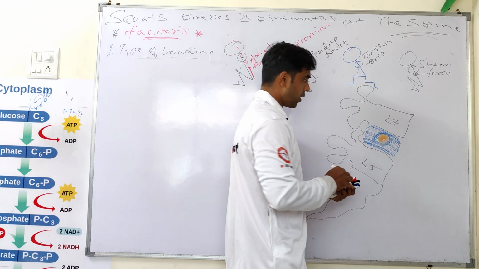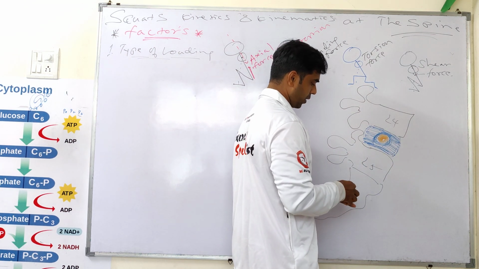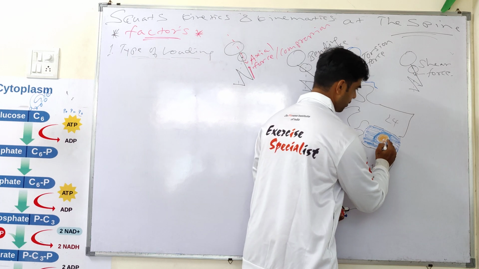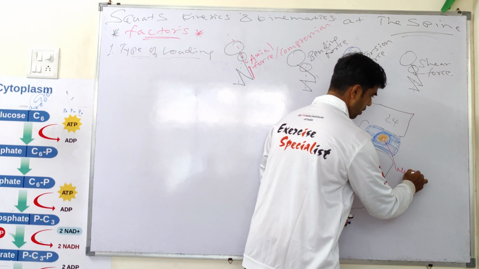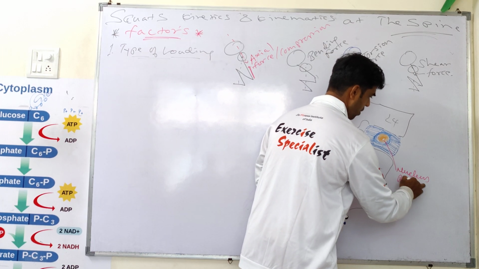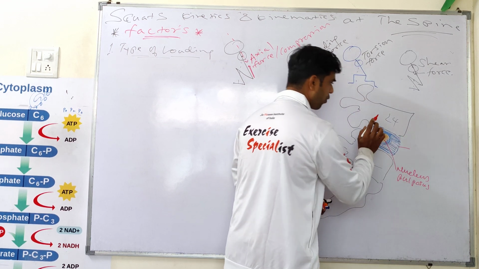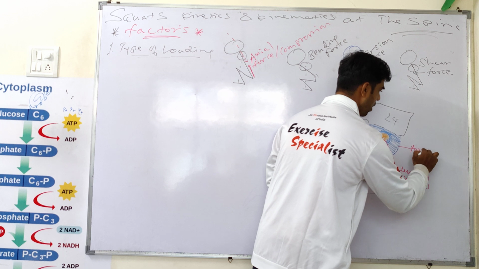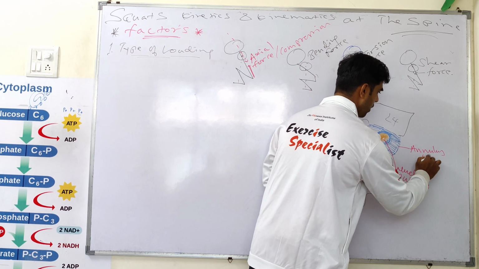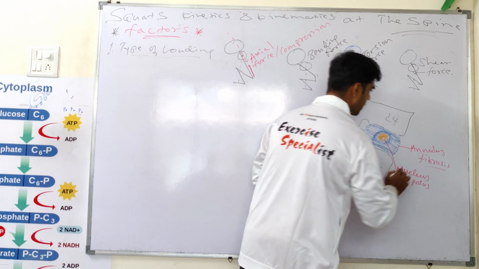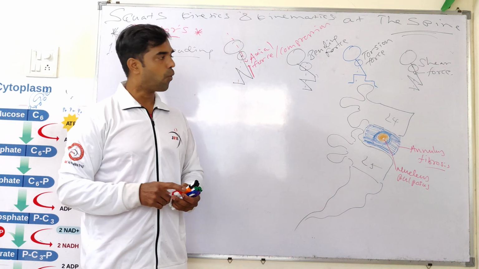So this is nucleus pulposus, and this blue outer cover is called annulus fibrosus. Right?